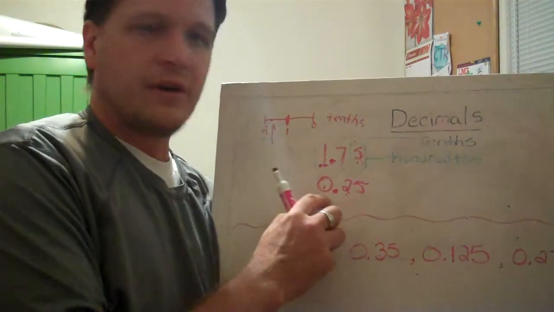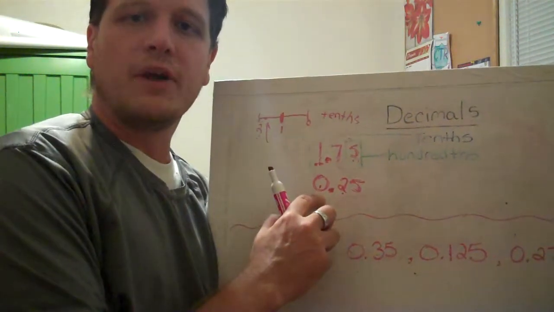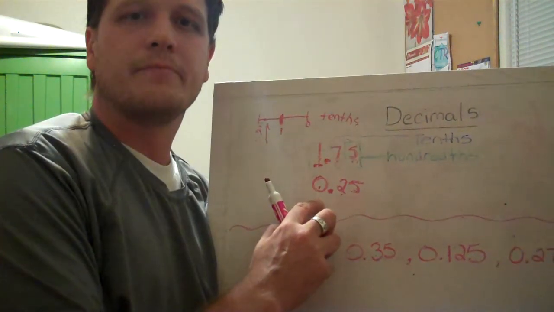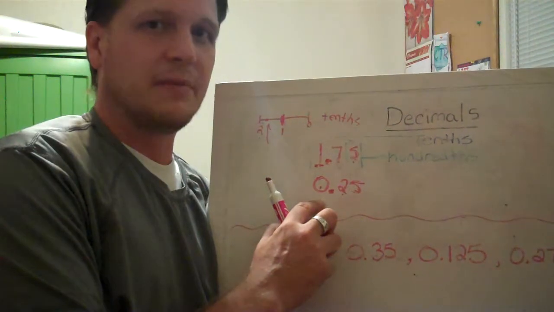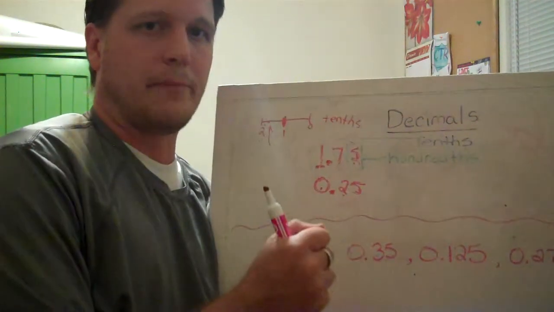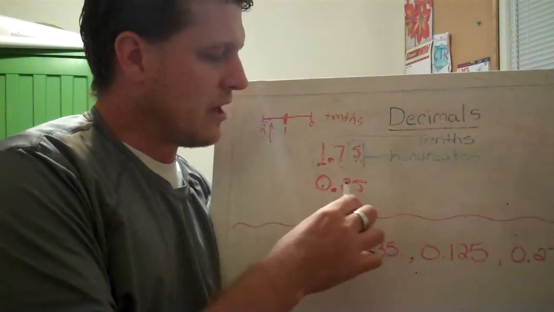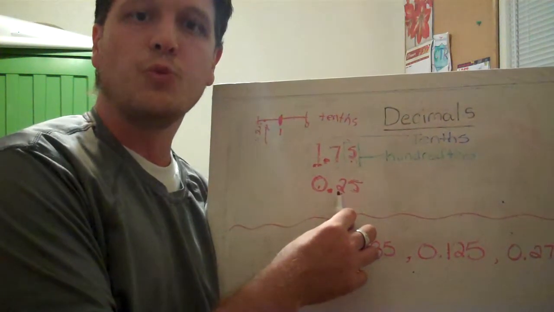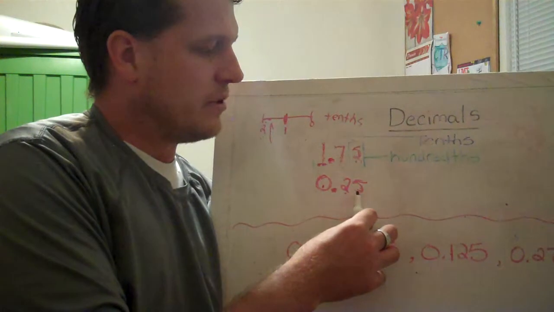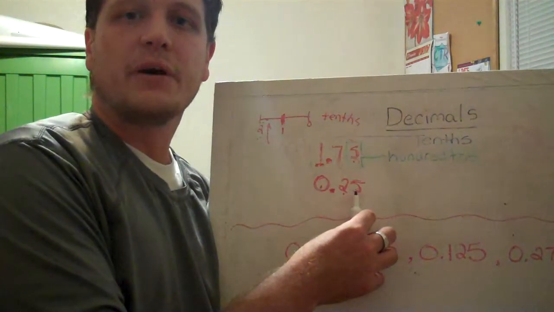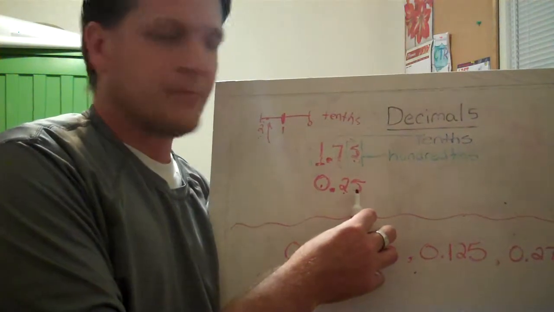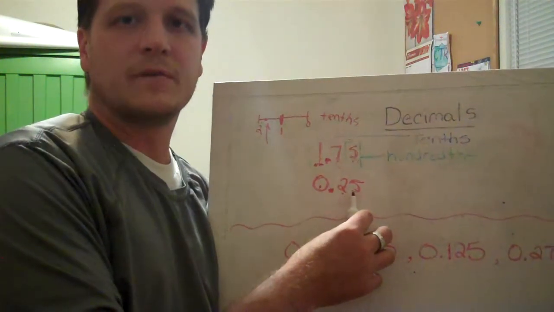Now this other number is less than 1, because in our ones place there is a 0, which means it's going to be a fractional number. The number in the tenths place is a 2, and the number in the hundredths place is a 5.